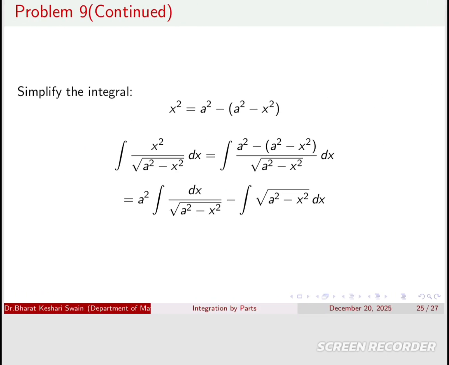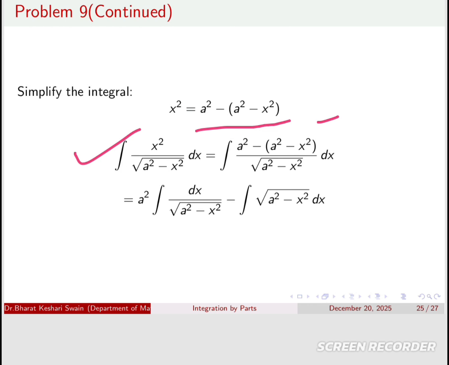To integrate this, just simplify like this. We can write x square as a square minus, a square minus x square, is it not? So for the numerator we can write like this.